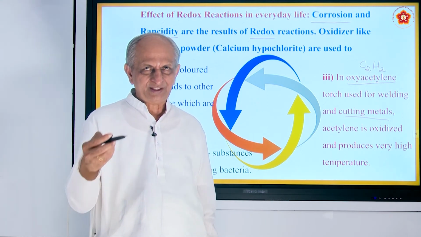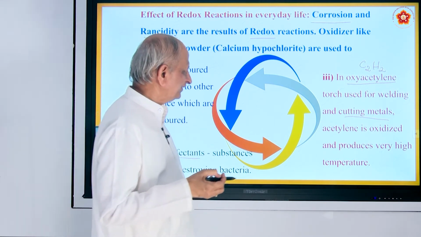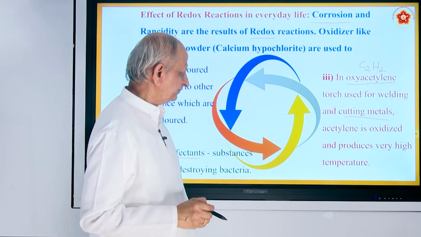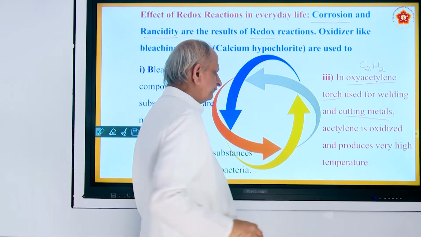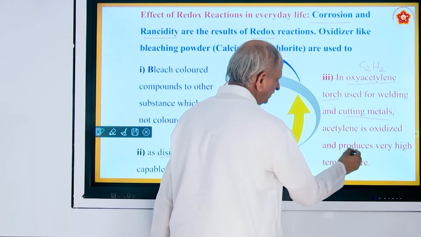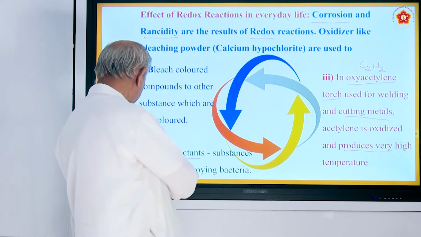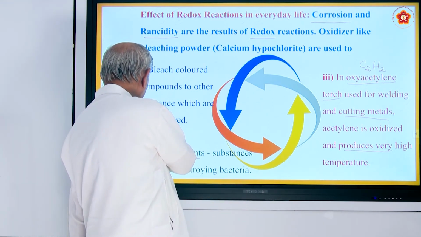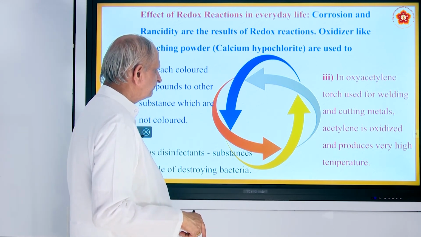You might have seen. They will have some torches like this, and wherever the welding is needed, they do it with the torches. That produces a very high temperature. That is also one example of daily life where the oxidation and reduction properties are made use of.